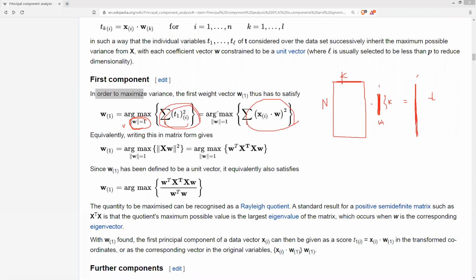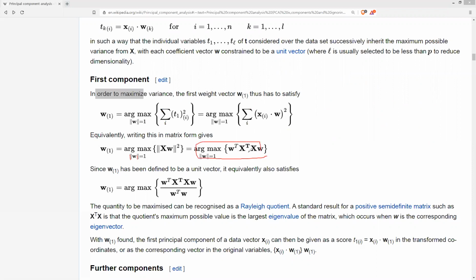Maximum variance. So in matrix form, W1 has length 1, and we want to maximize the squared norm, which has a representation like this.